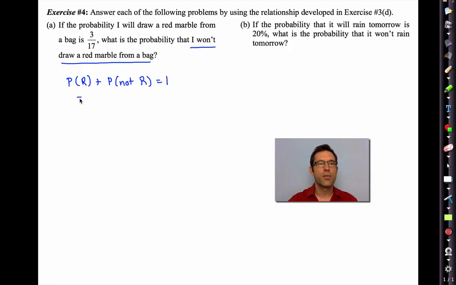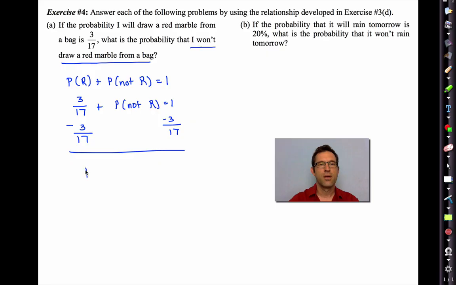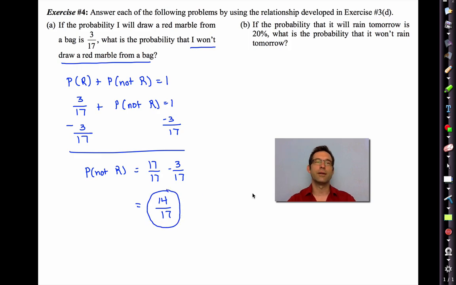The probability of red was 3/17, plus the probability of not red must be equal to 1. So we subtract 3/17 from both sides, and the probability that we're not red is 17/17 minus 3/17, which gives me 14/17.